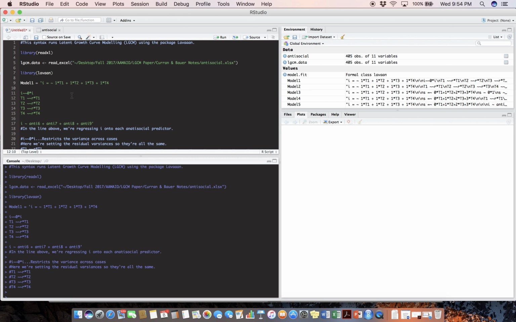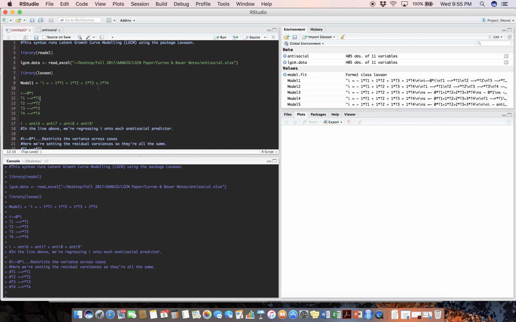And we're comparing that again, so no change to change, in the sense that we're going to start relieving or removing some of these restrictions to see how well each model fits our data. All right, so with our first model, the first thing we're going to do is establish our latent intercept.